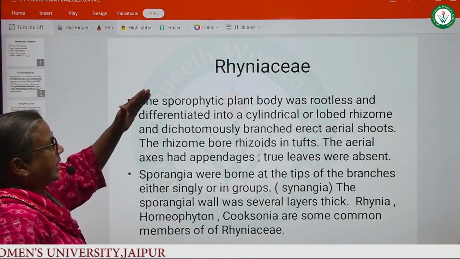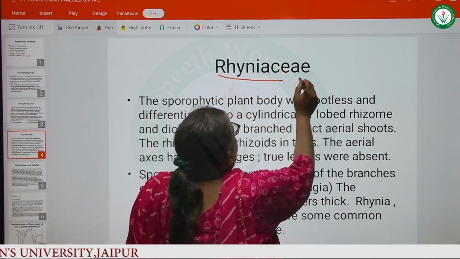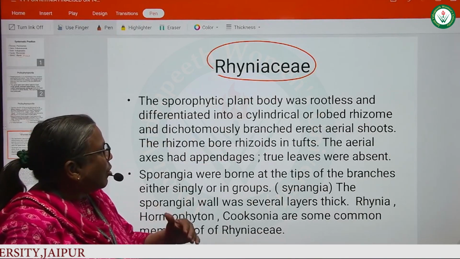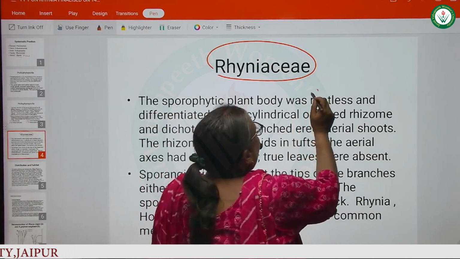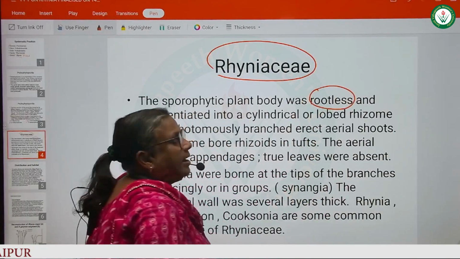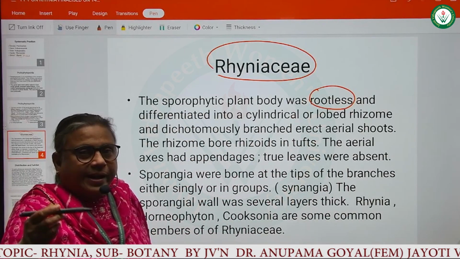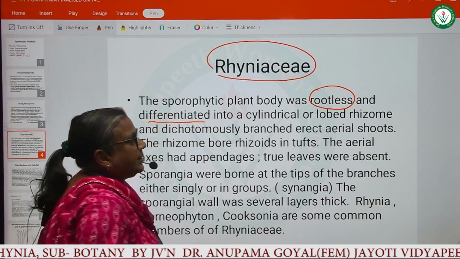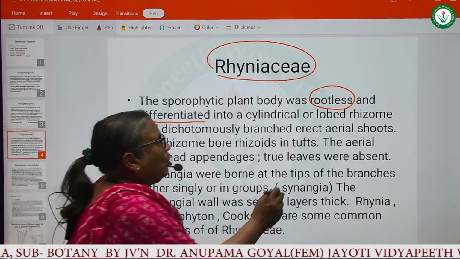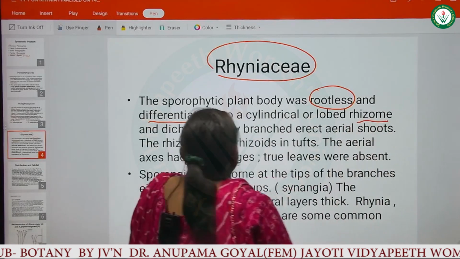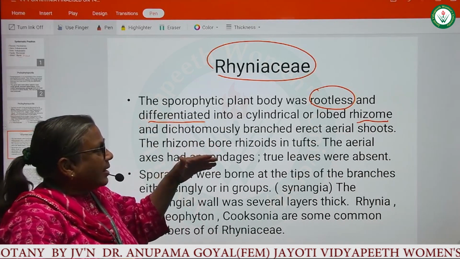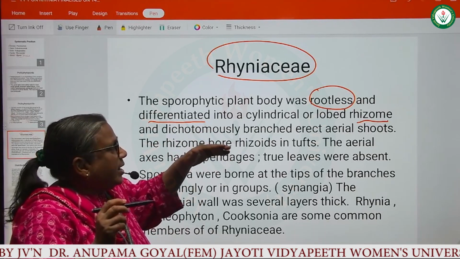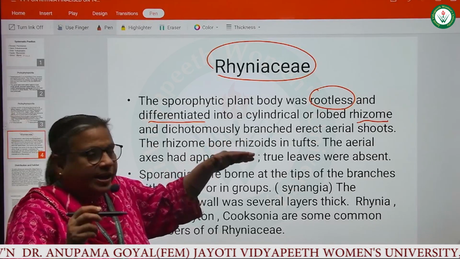Now see, we are talking about the family Rhyniaceae. Well, the sporophytic plant body in Rhyniaceae was rootless. It had no roots, and it was differentiated into a cylindrical or lobed rhizome, and it was dichotomously branched, and it had erect aerial shoots.